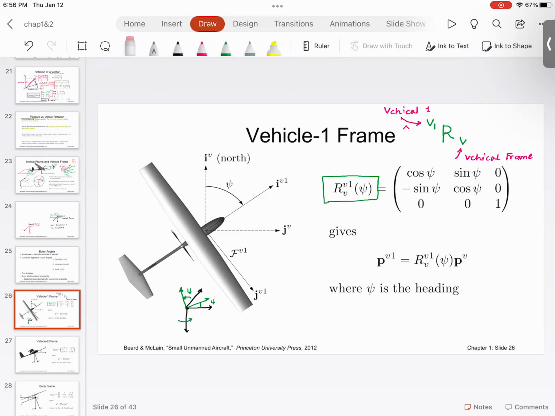So when we are trying to explain what our transformation is, when we denote it, we would always have the old frame at the top left and the new frame on the bottom right. So if I'm going from old frame to new frame, I get a transformation.